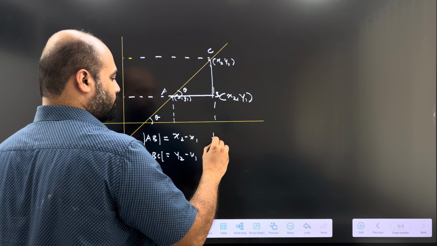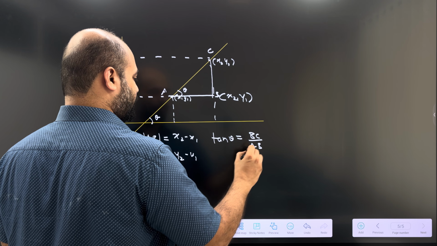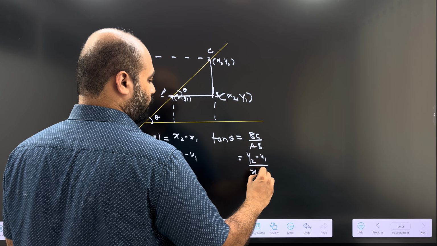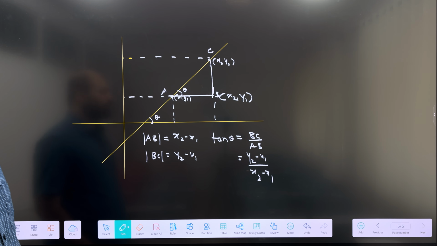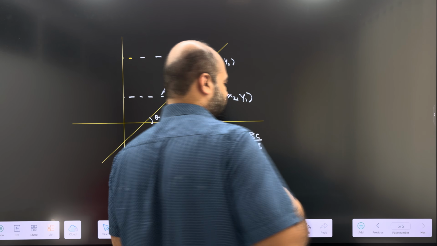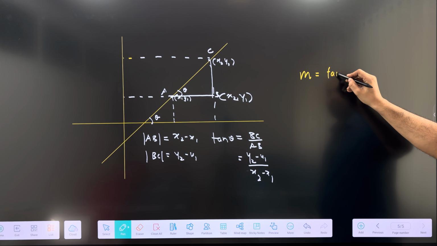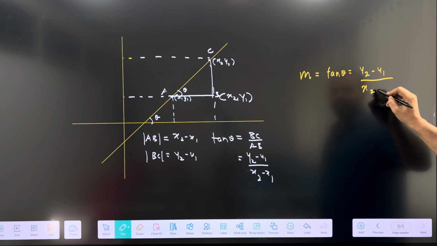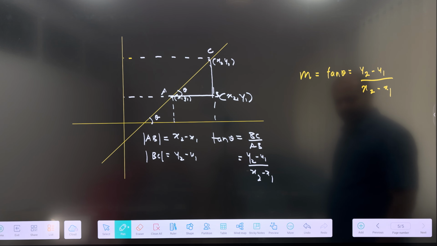So tan theta is given as BC by AB, which is y2 minus y1 by x2 minus x1. So slope of the straight line is always given as y2 minus y1 by x2 minus x1. So we can just write the slope is given as tan theta, which is y2 minus y1 by x2 minus x1.